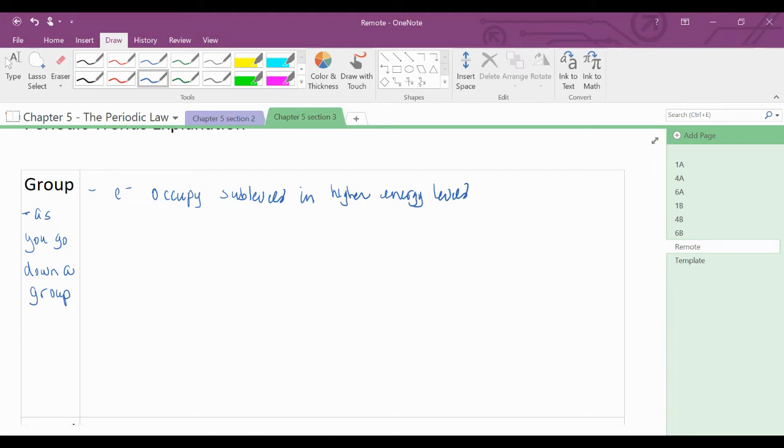So if we're putting electrons in higher energy levels, it means that electrons are going to be further from the nucleus. And what this also means is that we're going to have more core electrons. And remember that the core electrons are all of the electrons that are not in the outermost energy level.